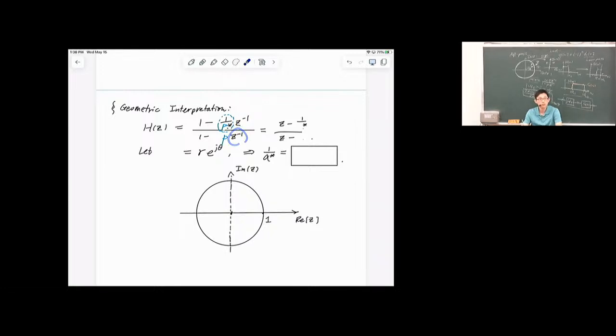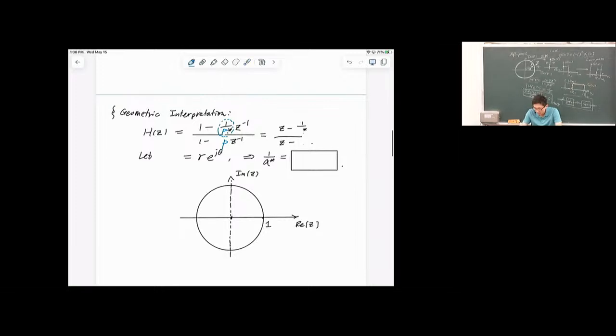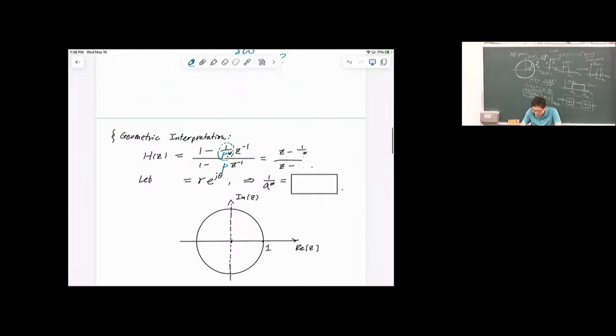When we multiply the top and bottom by z, suddenly we have the ratio of z minus p to z minus q, basically. This q equals 1 over p conjugate, which is the location of the zero.